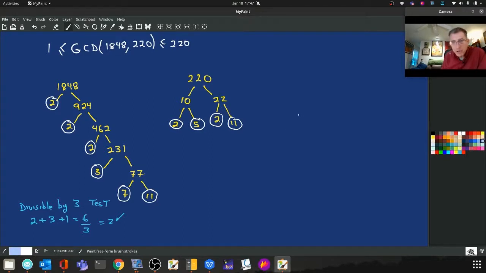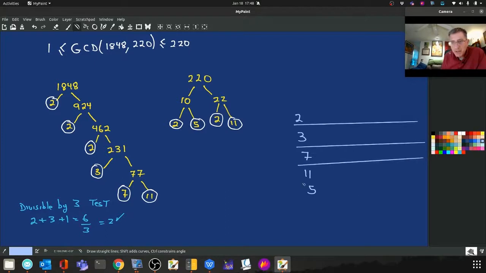Well, I have a 2, I have a 3, I have a 7. These don't have to be in order from smallest to largest at all. I already have 2 in my list. Oh, I don't have 5 in my list, but I have 11. So there I can easily make my table. Now this table is actually more work than we have to do, but it's an easy way to see things.